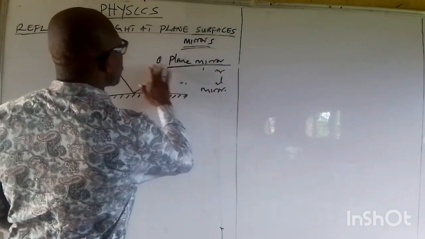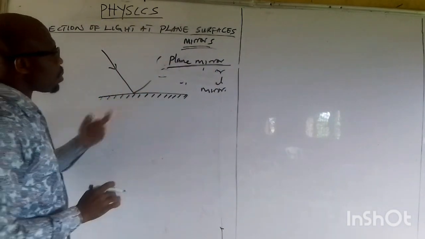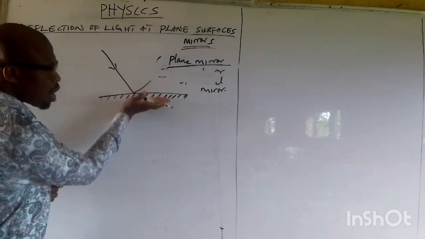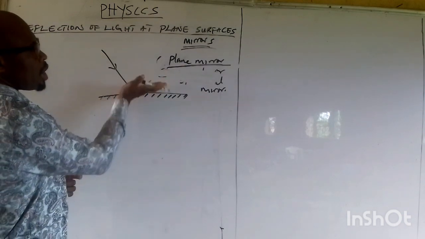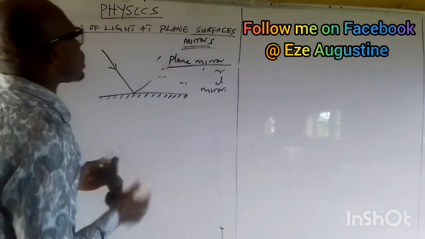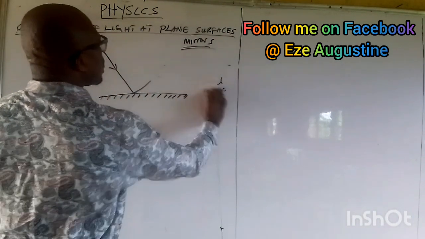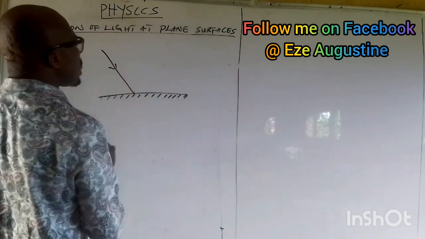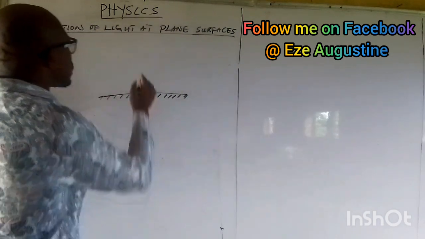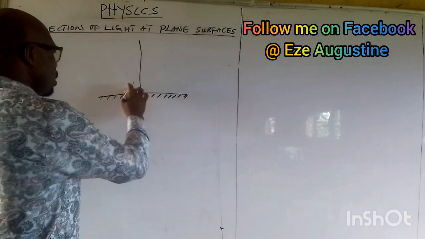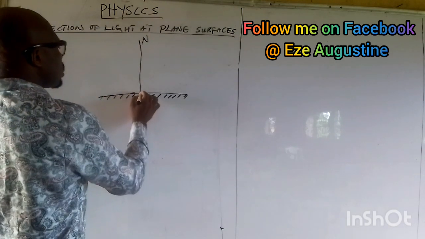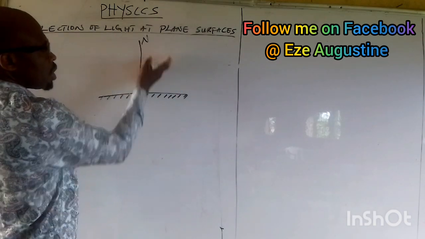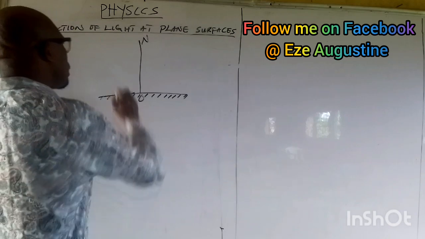Now, back to what we are discussing. If this is a plane mirror, we have two sides: this silver side, which is the back, and the front, which is the reflective surface. If light is incident on this, the first thing we do is draw a normal line, let's say N. This is the front, the reflective surface, and this is the back, the silver surface.